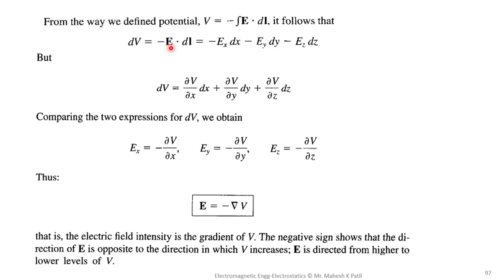Considering E as Ex Ax bar plus Ey Ay bar plus Ez Az bar, and dl as dx Ax bar plus dy Ay bar plus dz Az bar, we get the answer as minus Ex dx minus Ey dy minus Ez dz. So this is the value of the small differential potential, that is dV.